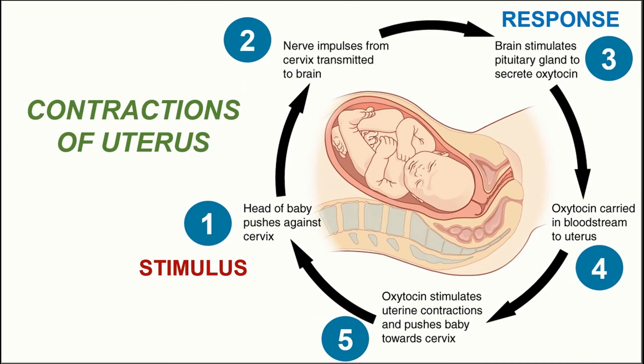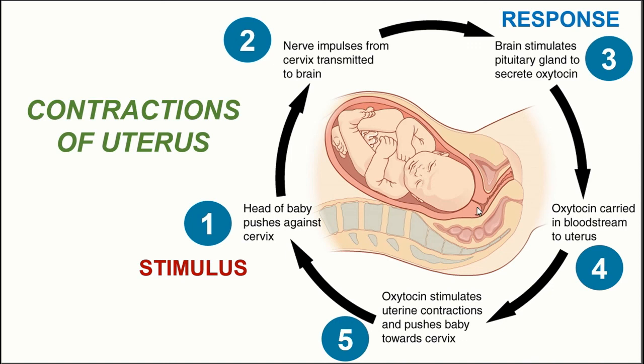The second example here is the contractions of the uterus during childbirth. If we look at our initial stimulus, starting on the left side of this cycle, as fetal development draws to an end and the fetus gets larger, the head of the baby pushes against a region of the uterus called the cervix.